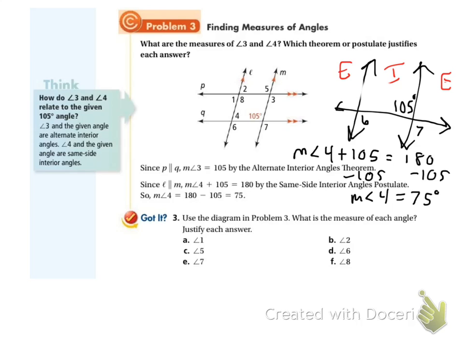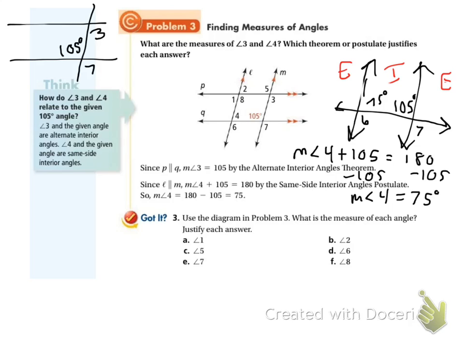So I can stick that in my picture. If I've got a little bit of room up here, draw these two parallel lines and take this transversal, that gives me angle 3, angle 105, and angle 7. Measure 105.